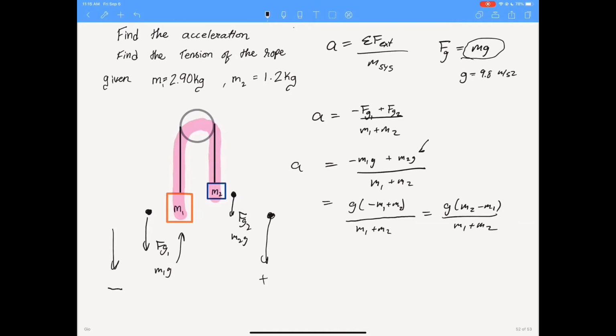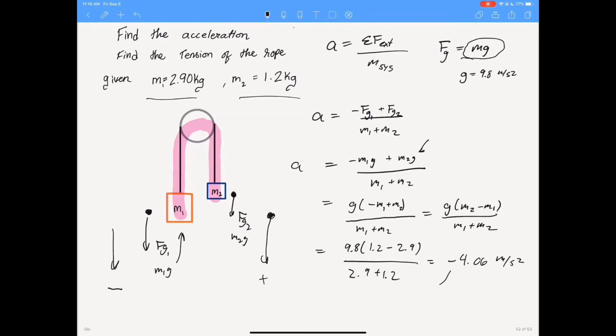We're given m1 and m2, so we'll plug in the numbers. g is 9.8, then 1.2 minus 2.9, over 2.9 plus 1.2. Let me pop that into the calculator, and that should give you negative 4.06 meters per second squared.